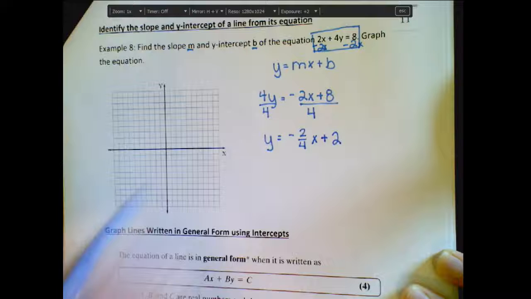One of the things we could do is find the intercepts. In order to find the x-intercept, we need to let y equal 0. So 2x equals 8. I'm not even going to substitute that in because if I put in 0 for y, this is all going to cancel out. So I'm going to be left with this. x equals 4. So my x-intercept would be at 4, 0. For the y-intercept, let my x equal 0.